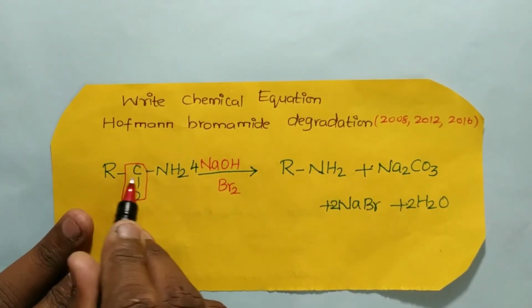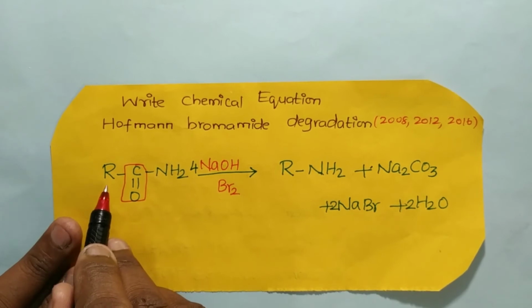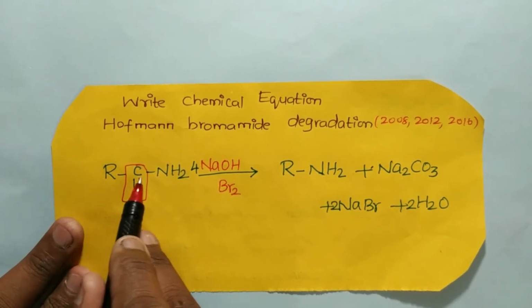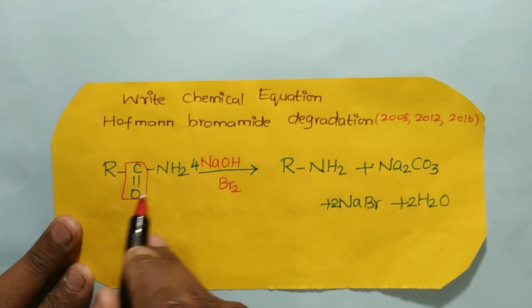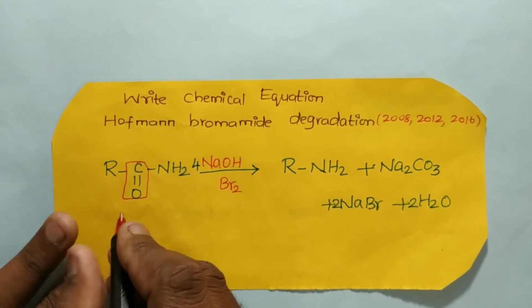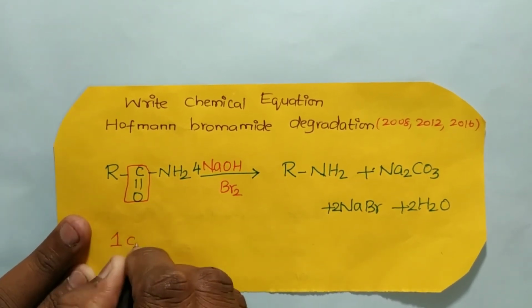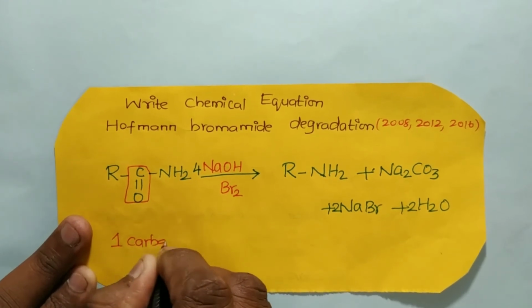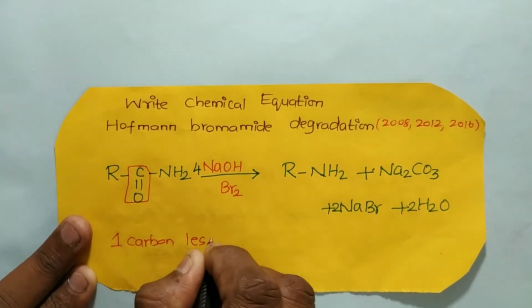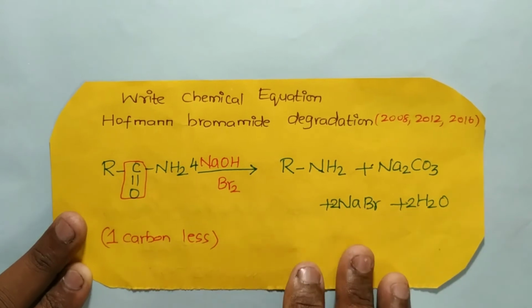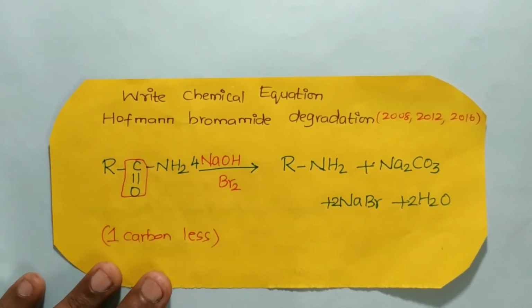In the reactant, how many carbon atoms do we have? Suppose you consider R is CH3, then CH3CONH2. Here one CO is there, so one carbon less. If I want to get a product with one carbon less, at that time I have to use this Hofmann bromamide degradation.